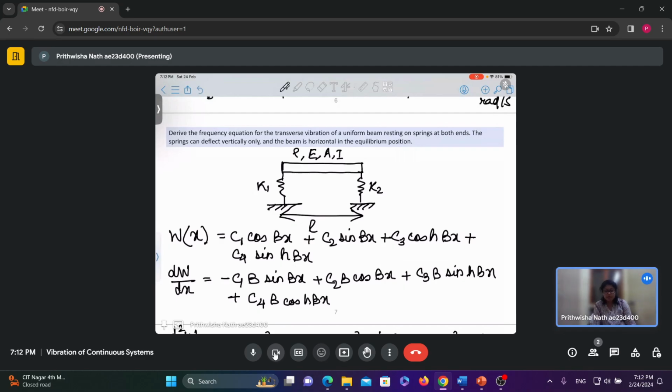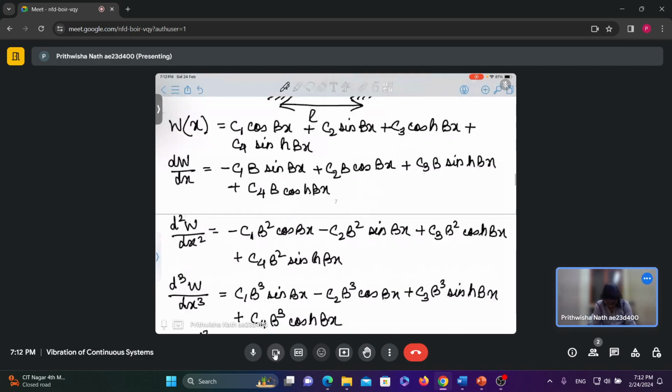So we write W. Now we differentiate W with respect to x three times, and then we use these conditions. From the first condition we get C1 equals C3.